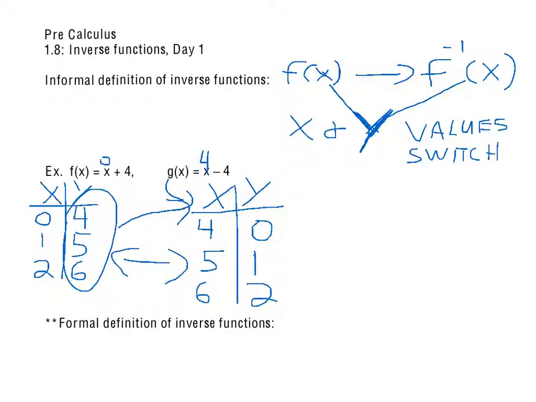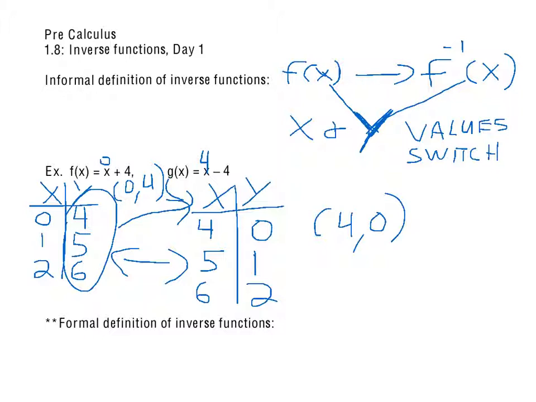You can see this ordered pair is 4, 0, but for f of x it was 0, 4, and so on. 1, 5 became 5, 1; 2, 6 became 6, 2. That's one way to know, and that'll really help you to graph. If you have a function, you could easily graph the inverse function by just switching all the ordered pairs.